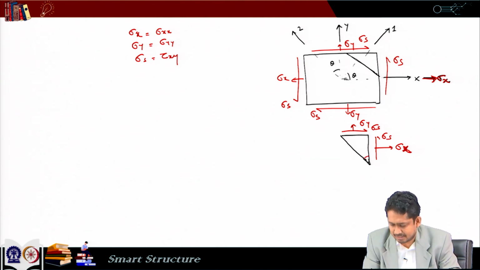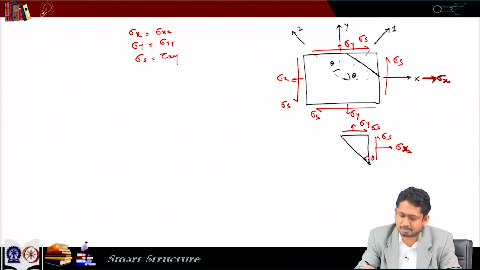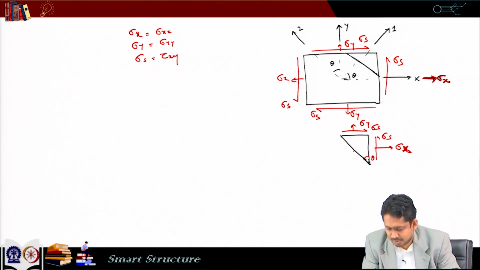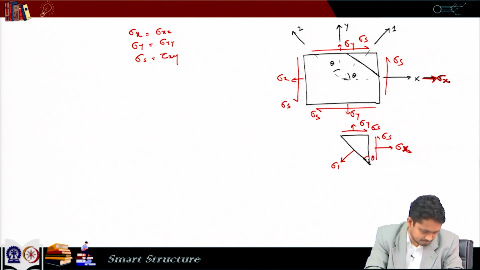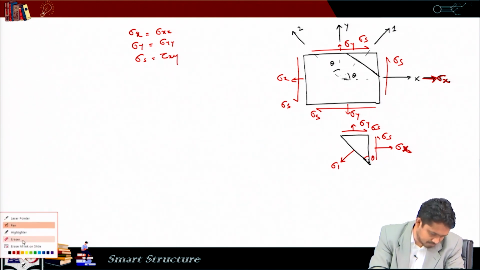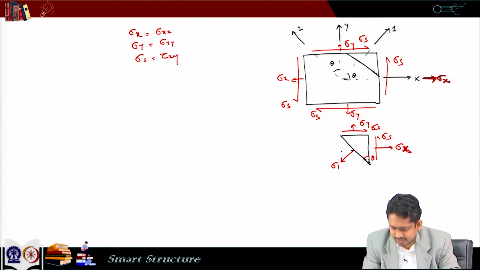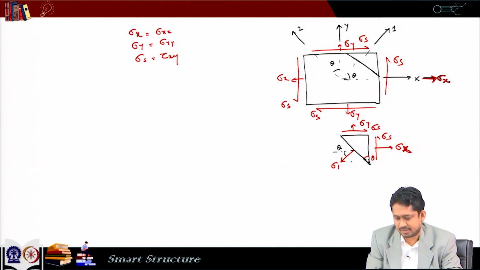Now, this angle is theta, and in this inclined plane, as we know, this is perpendicular to direction 1. So, perpendicular to this we have sigma 1, and we know that this angle is theta, and this is theta also.